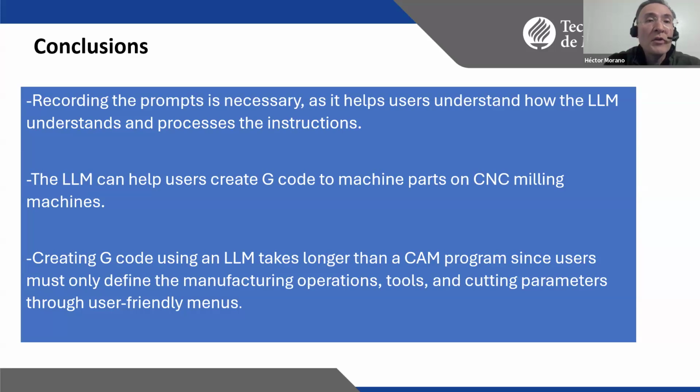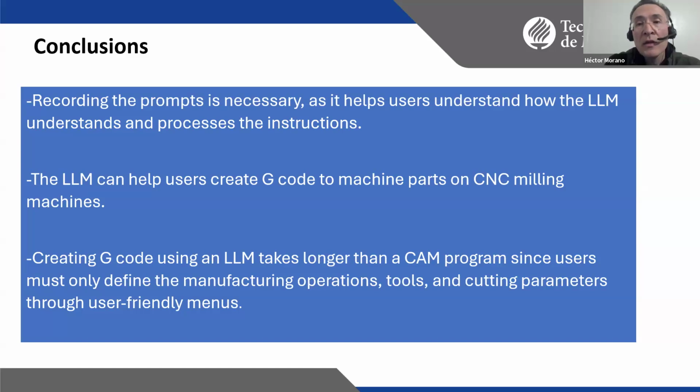The more manufacturing operations and the greater the complexity of the machining, the greater the number of modifications the users must make to the CNC program. So creating G code using an LLM takes longer than with CAM software, since there users must only define the manufacturing operations, tools, and cutting parameters through user-friendly menus.